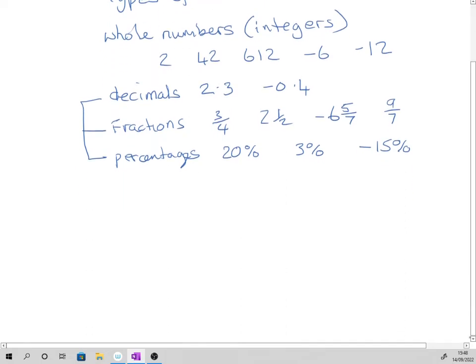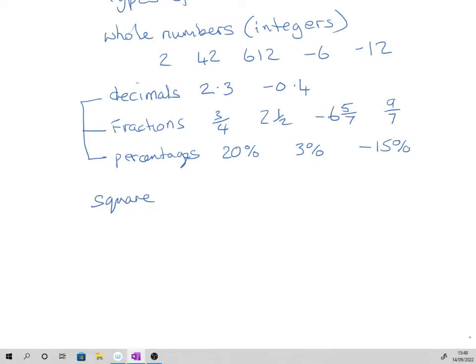Right, what we got there? We got square numbers, haven't we? We got square numbers, squares, and this is denoted by a little 2 at the top. So this means this number times itself 2 times, so that will be 4 times 4, which equals 16. And you've got square roots.